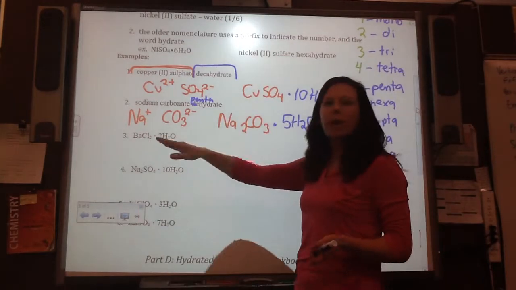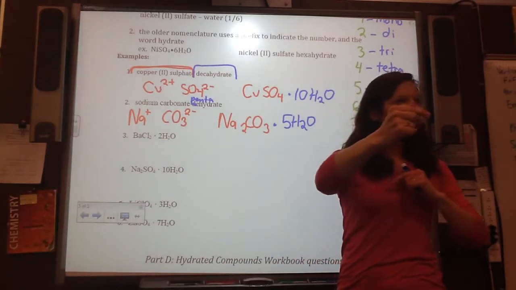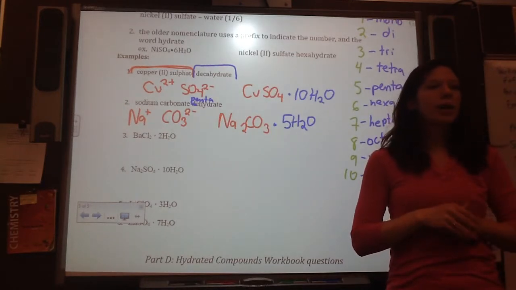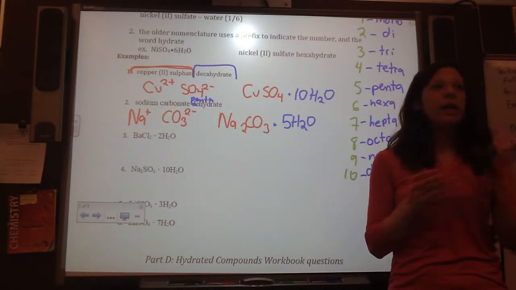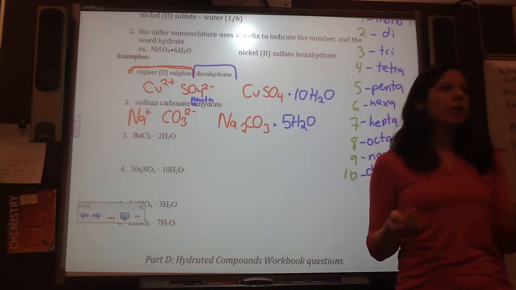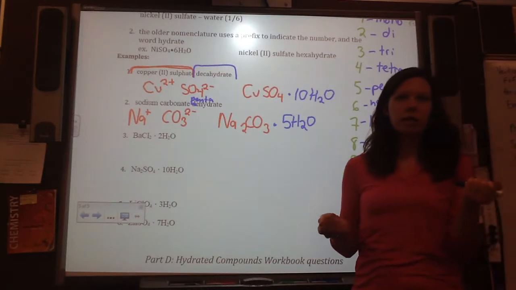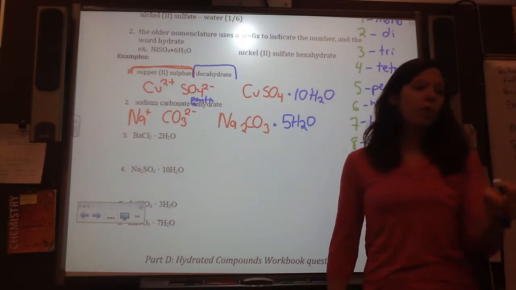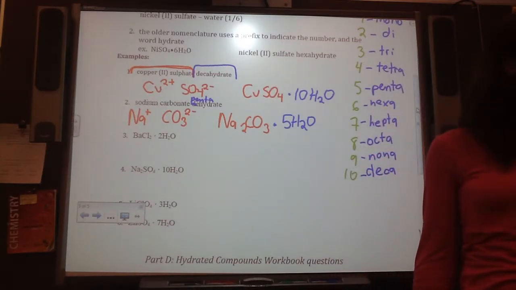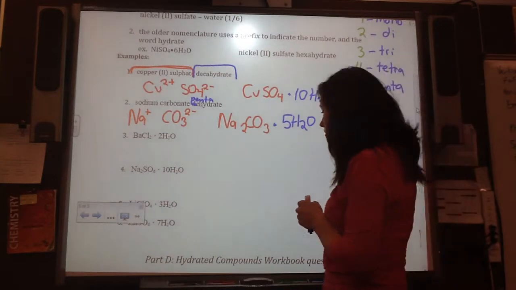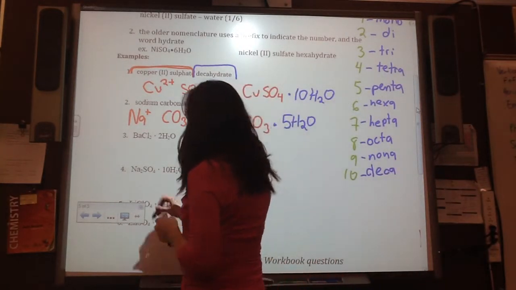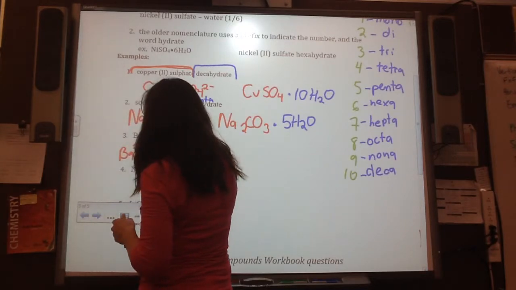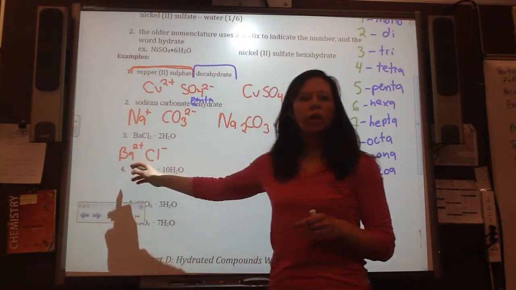All right, so now we have to go and do it into a name. We need to uncrisscross. So that means we still always have to write out our ions. I know sometimes you think it doesn't matter, but because we know now that there can be multiple types of ions, we need to still write it out. So barium was Ba2+, and chlorine is minus. Then you look at barium.